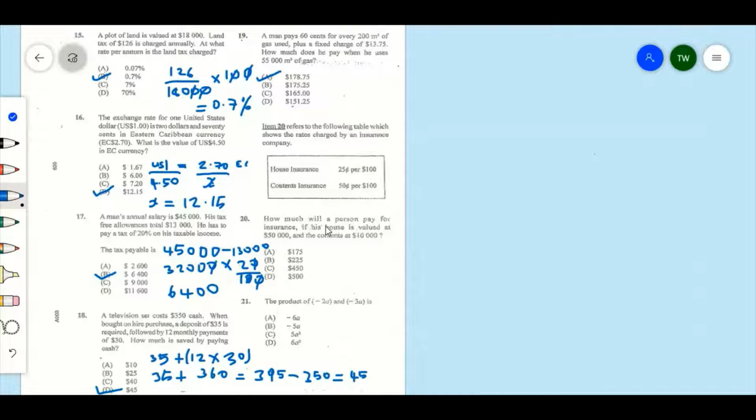How much will a person pay for insurance if his house is valued at $50,000 and the contents at $10,000? Now we can see that for 25 cents, that is equivalent to $100.